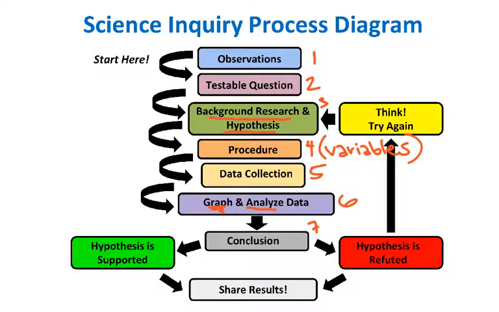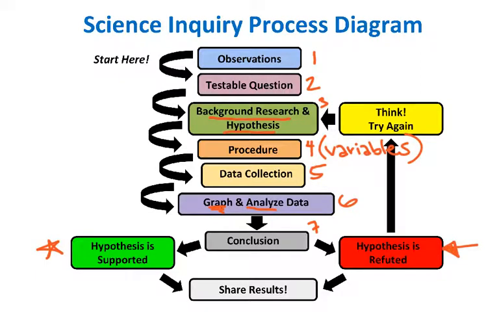Okay, so they're going to go back and try to answer the original testable question, and they're going to say whether or not the data supports their hypothesis or proves their hypothesis wrong. Sometimes the data will support the hypothesis. It will appear as if the scientist's prediction was right, okay? And then sometimes the data will prove the hypothesis wrong, right?